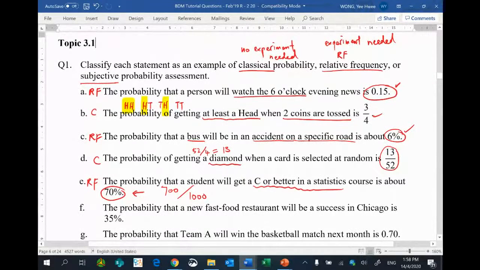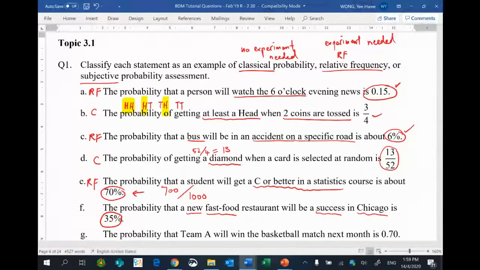The probability that a new fast food restaurant will be a success in Chicago is 35%. This is your answer, 35%. And what is the story here? New fast food restaurant, a success in this area. Are you able to list down all the new fast food restaurants in Chicago?